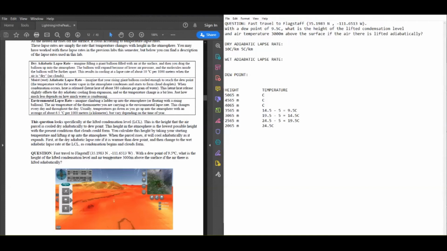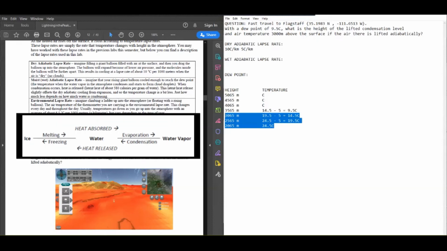All right, now we are at dew point. Our dew point is 9.5 degrees Celsius. So what's currently happening is our air parcel, which down here is water vapor with no condensed liquid in it, and there aren't any clouds. Now it's forming some clouds. What happens when this occurs is something called exchange of latent heat. Latent heat is just a fancy word for what happens to the energy when water changes phases.